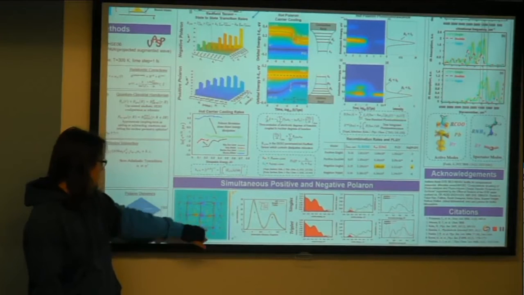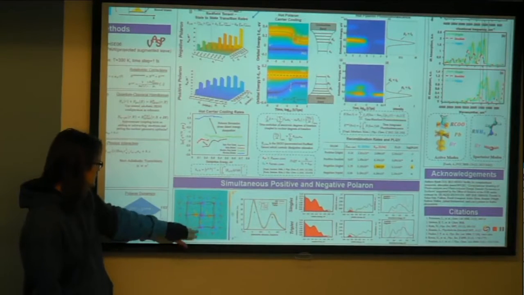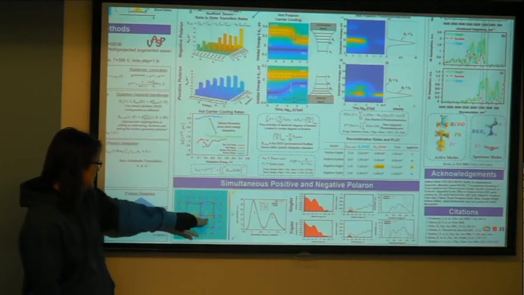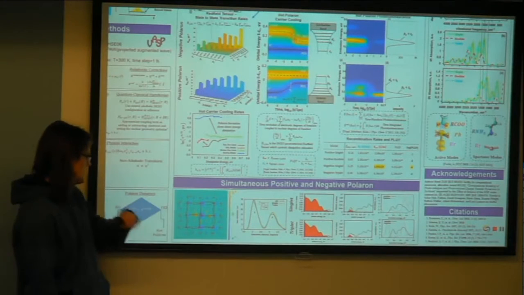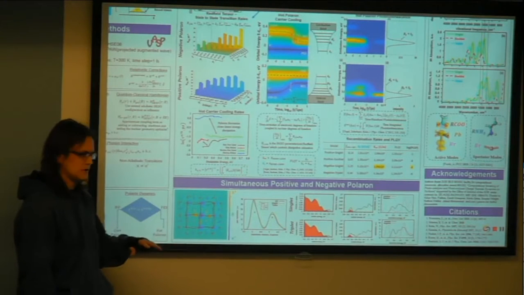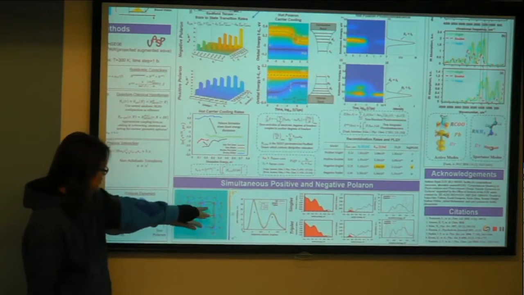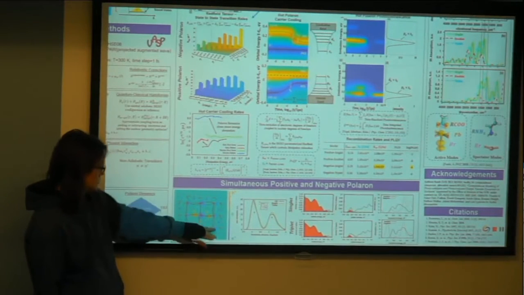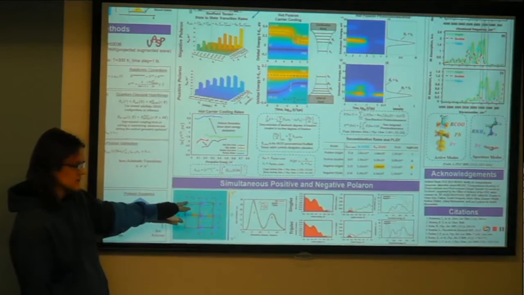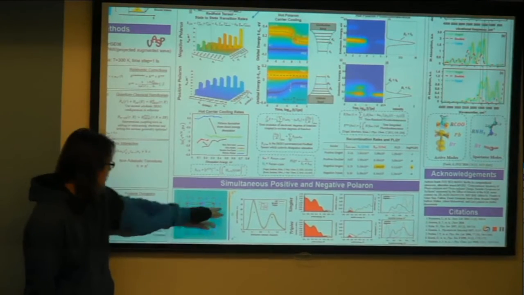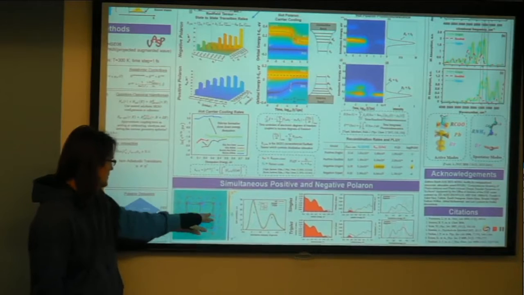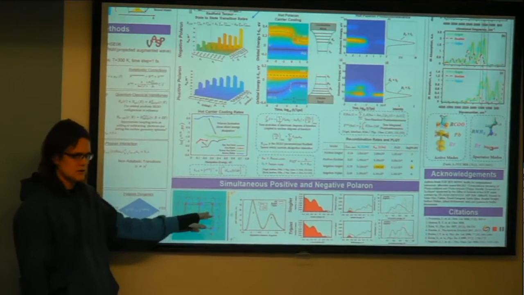Whereas if you put in a positive and a negative charge, you're going to have different regions of positive density and negative density in the same crystal. So that's illustrated here. The blue is weighted by the electron density, which is mostly on the left, whereas the hole density is mostly on the halides.